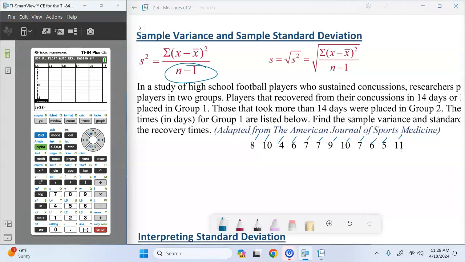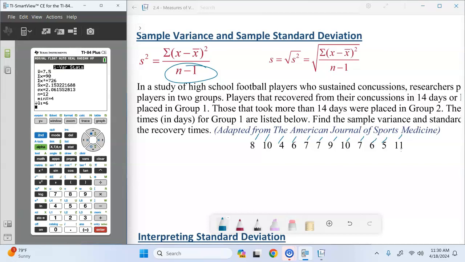Once I've got my data set in there, and you can put in multiple data sets, you go back to stats, and then we go over to calc. And we're going to calculate one variable statistics. I'm going to tell it which list I want to use. I'm going to use list 1. And so I just hit enter, enter, enter. And it's going to give me a whole readout of a bunch of different statistics.